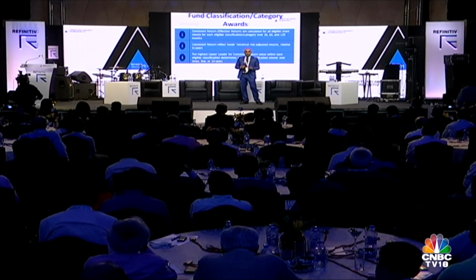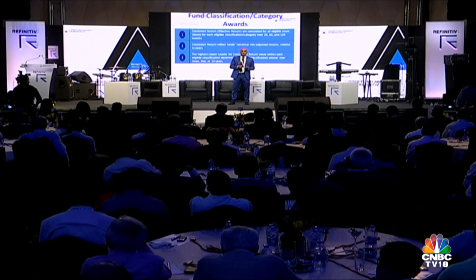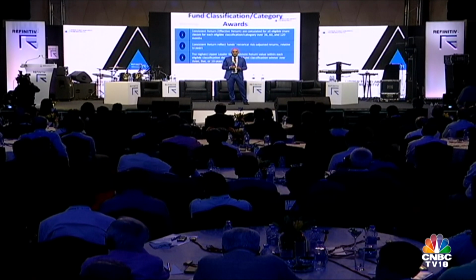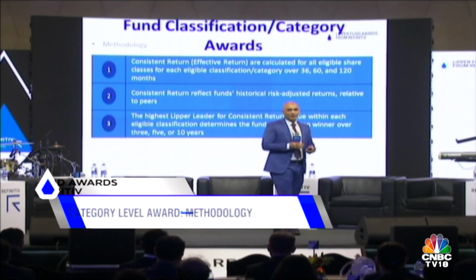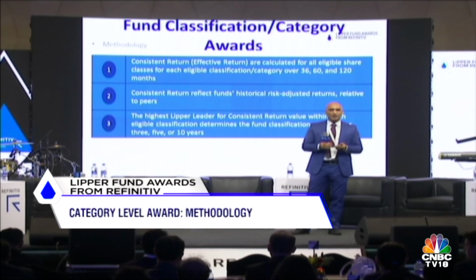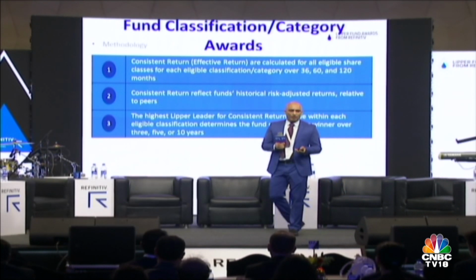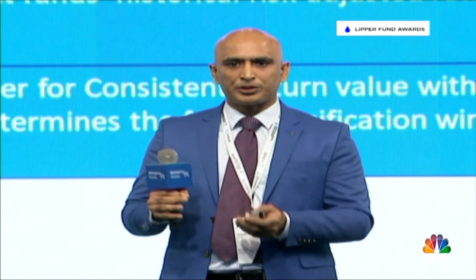So let's have a closer look at the classification or the category level awards, and how we go about arriving at the winners. We have our proprietary risk adjusted returns, which is called Lipper Consistent Return. We compute that for all the funds that are eligible in their respective categories for the period of 3 years, 5 years, and 10 years.